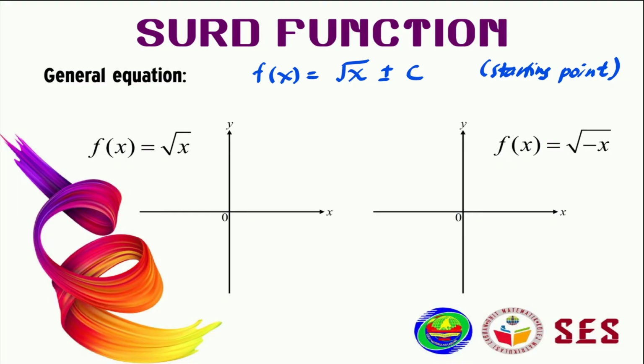The first one is f(x) equals the square root of x. The starting point for this case is at (0, 0), and the shape is like this, in the first quadrant. Next, we have f(x) equals the square root of negative x. We have the same starting point, but the graph is in the second quadrant.